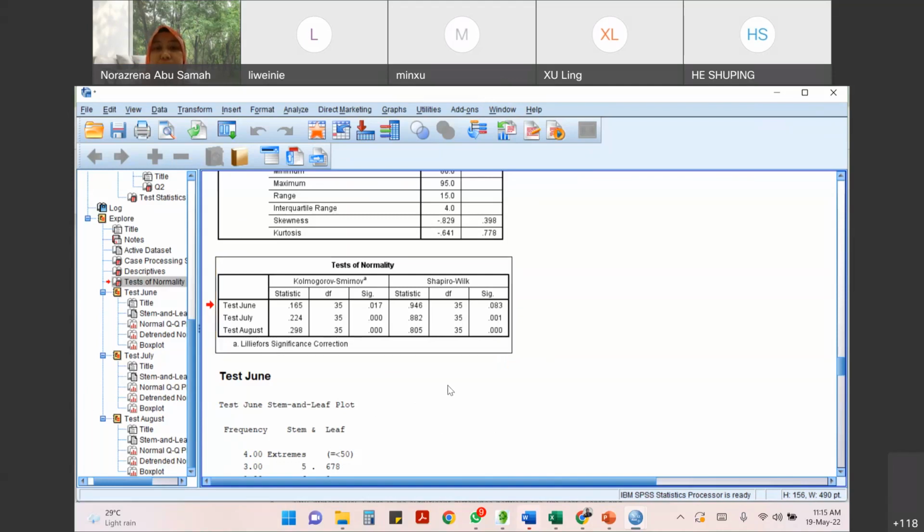Remember, if your variables are ordinal and nominal data, there is no need to run a normality test. Of course they are not normal because they are discrete variables. A discrete variable has no data between two neighboring categories, as I said before.